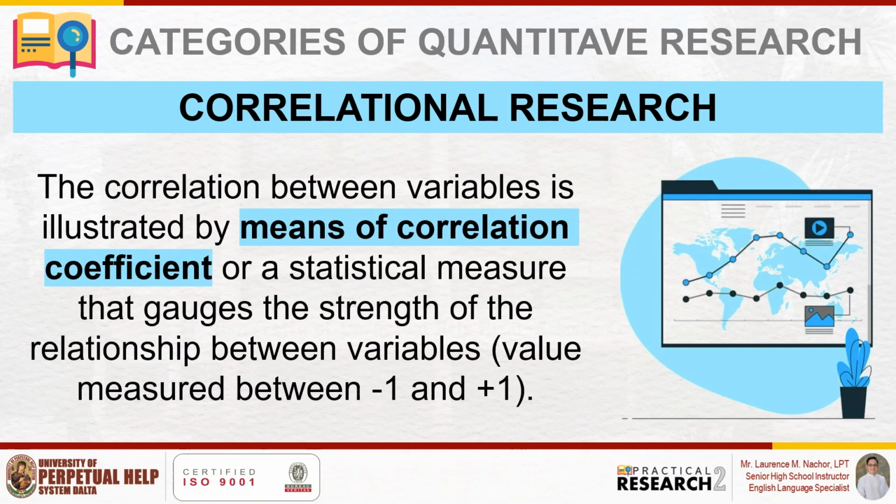Here in correlational research, we use this statistical measure that gauges the strength of the relationship between and among the variables. We call it the correlation coefficient, with values ranging from -1 to +1.